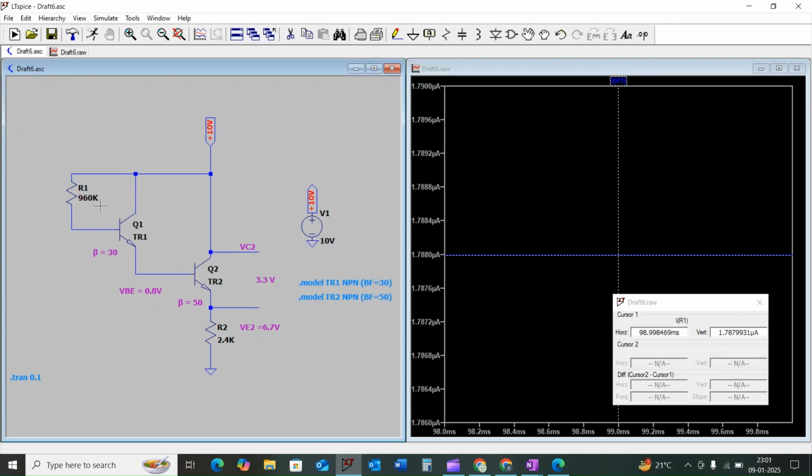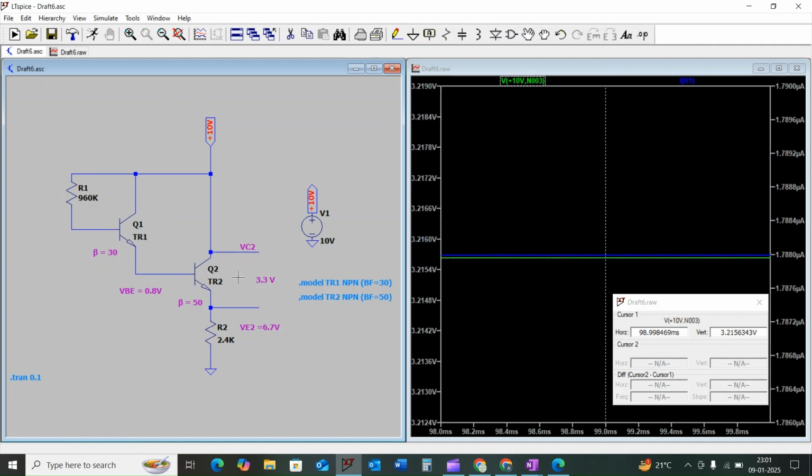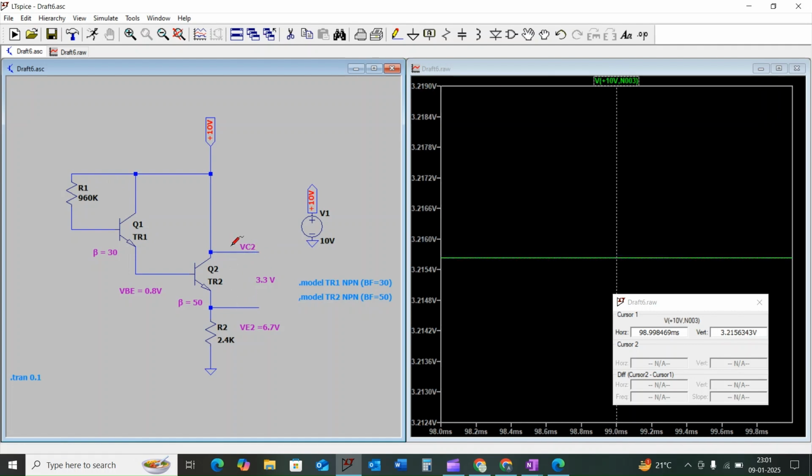When we consider the 960 kilo ohm resistance across the base terminal of the transistor Q1, we get 3.3 volt across the collector to emitter terminal of the transistor Q2, so our theoretical calculation and the simulated value approximately match each other.